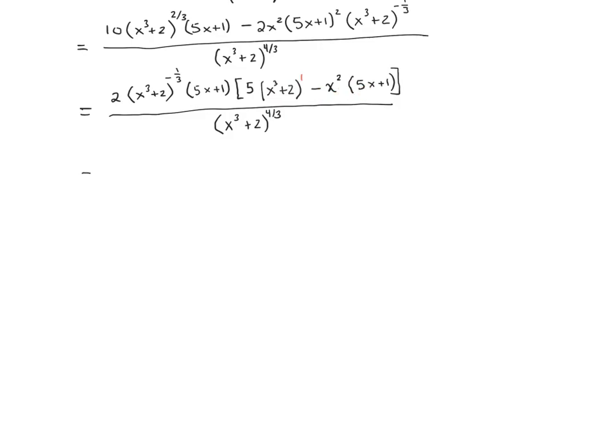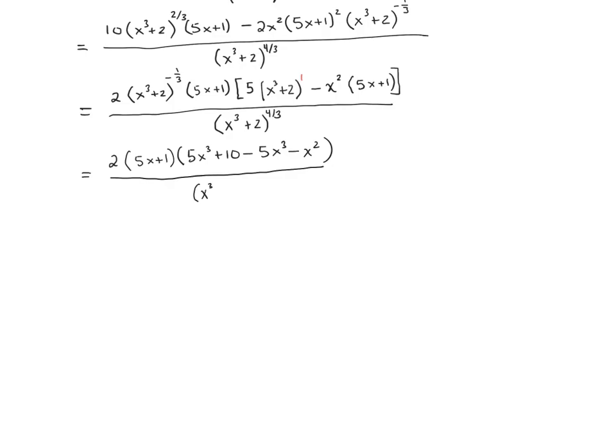In so doing, we first obtain 2 times 5x plus 1 times, now we'll look at the bracketed portion of 5x cubed plus 10 minus 5x cubed minus x squared. Now remember, we took that x cubed plus 2, which was raised to the negative third power, and we brought it down to the denominator.